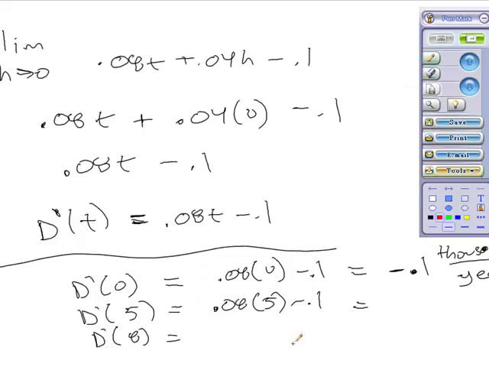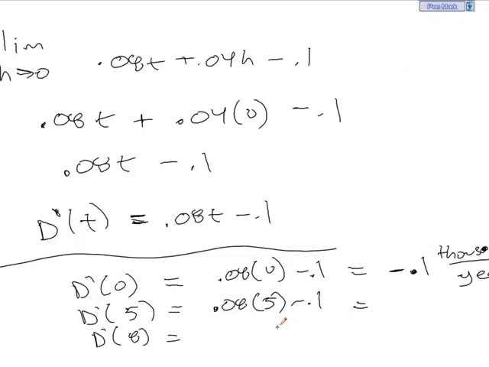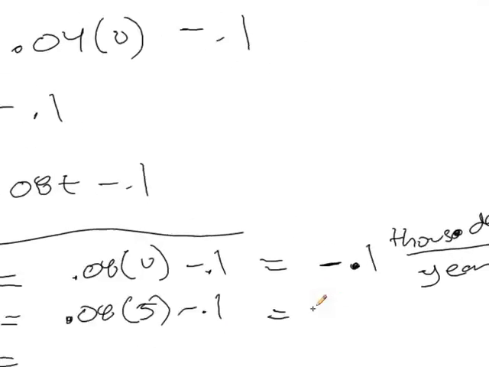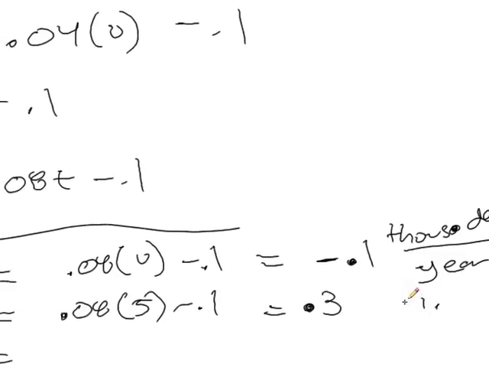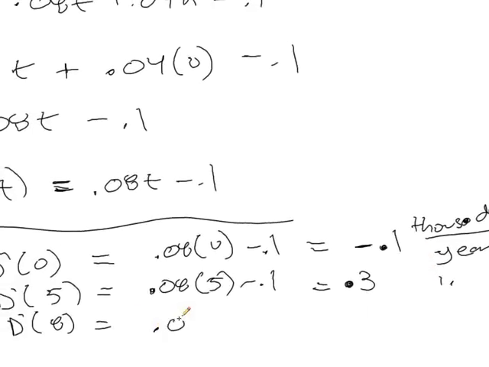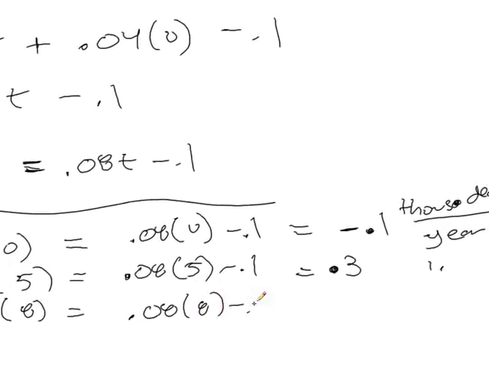So positive 0.08 times 5 is 0.4, and 0.4 minus 0.1 is 0.3, positive 0.3. And that's, again, thousands of deaths per year. If I plug in an 8, I get 0.64 minus 0.1, which is 0.54, thousand deaths per year. And so what I notice here is that not only is the number of deaths going up, but it's going up at an alarmingly faster and faster rate.